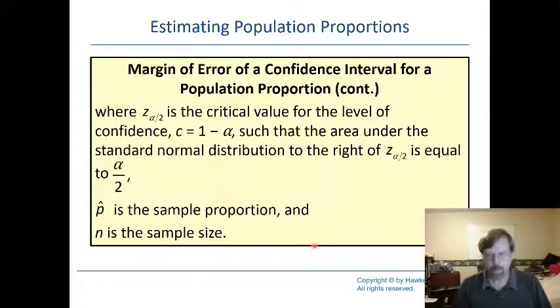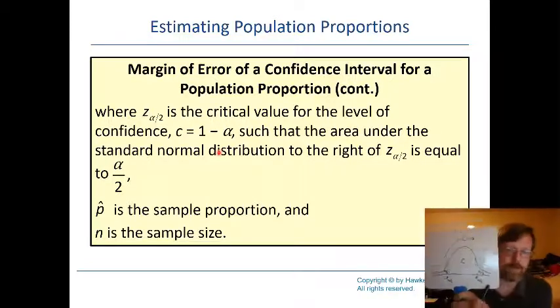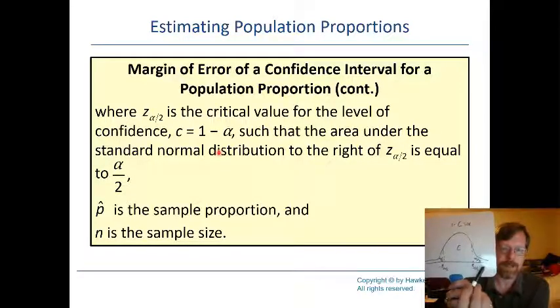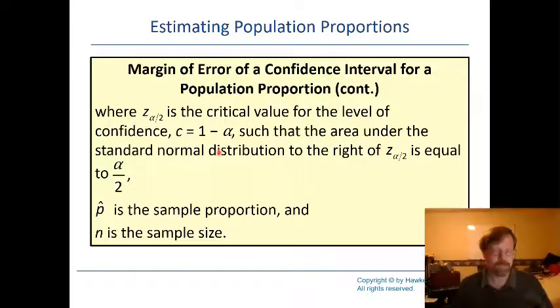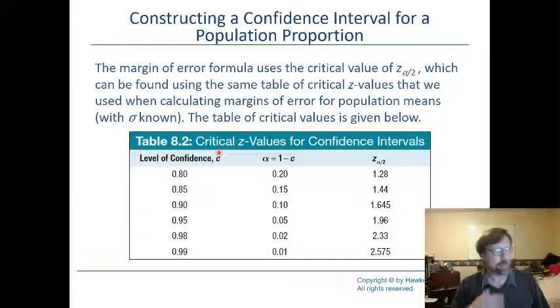All right. Again, Z sub alpha over 2 is the critical Z score for our level of confidence, which is C. C equals 1 minus alpha, or alpha equals 1 minus C, either way. The area under the standard normal distribution to the right of Z sub alpha over 2 is equal to alpha over 2. Again, we can just use the critical Z scores from table 8.2.